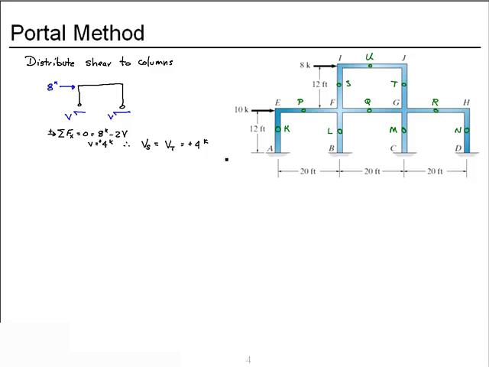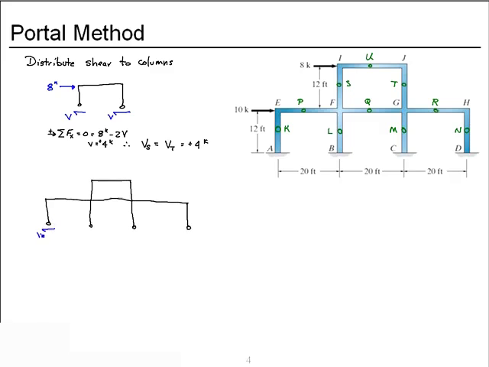Now I'm going to cut it at this row of inflection points and keep a free body of everything above that. We'll cut it at the inflection points.